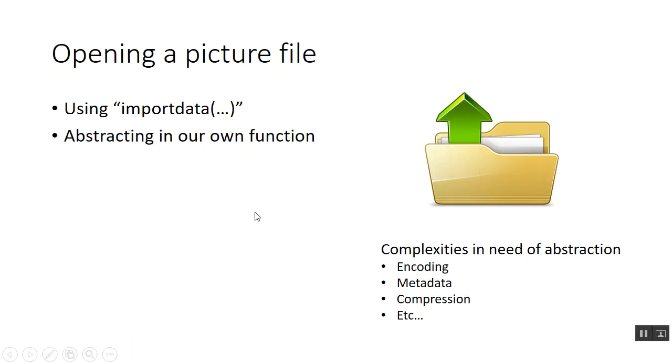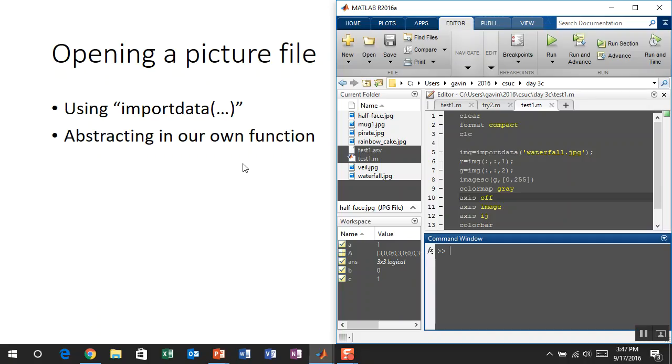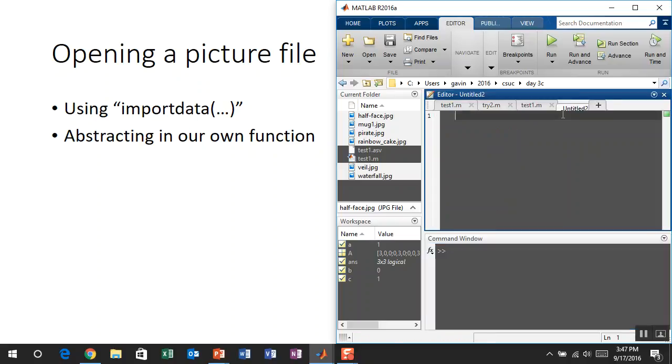So we'd spend a long time if we had to do all of that by hand. So we're going to use our import data function, and then we're going to abstract that in our own function just because I'd like to call it something more specific to images than import data. Okay, so let's go back to MATLAB, and I'm going to write a function, and it's going to return an image, and it's going to be called load image.